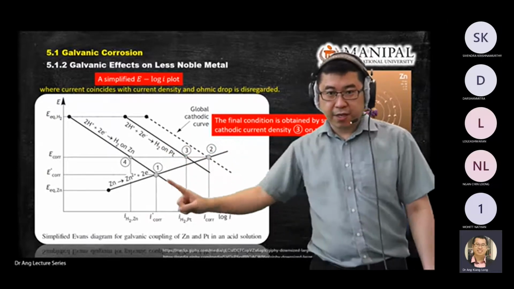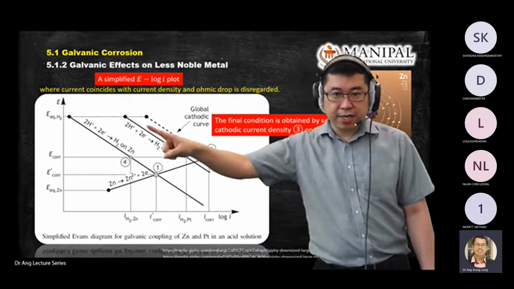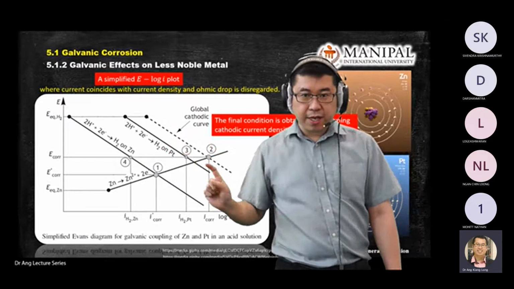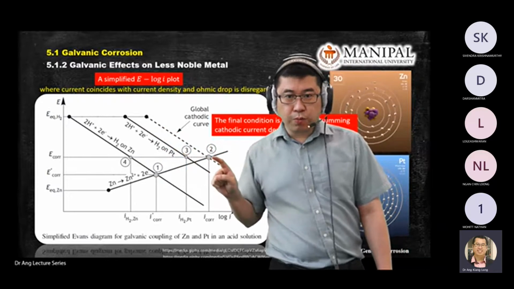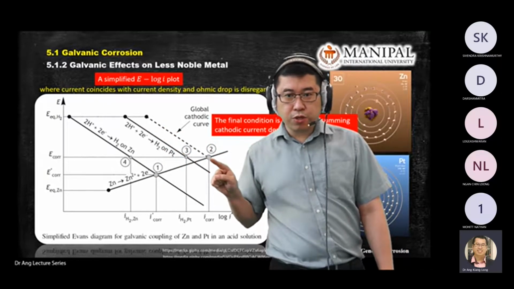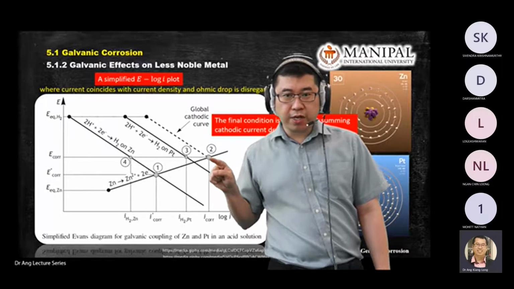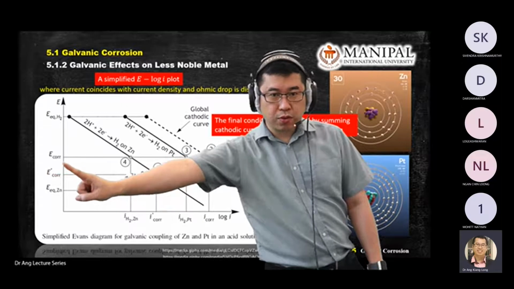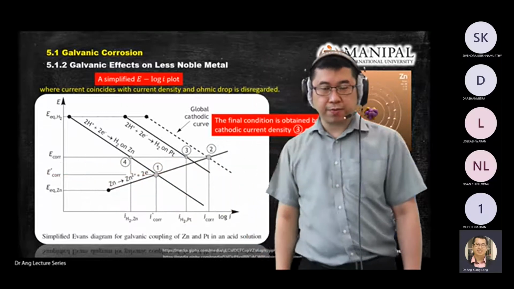This line, right? You have anode station, cathode station. So go to the cathode station, and then you go to point number 2. You use your ruler to draw a straight line connected to your E corrosion just now.